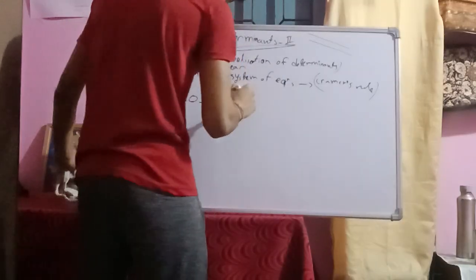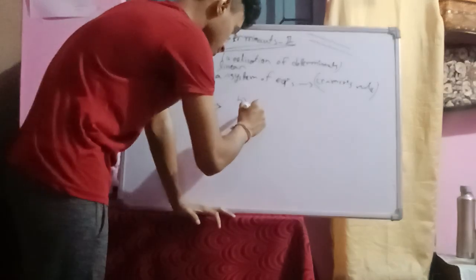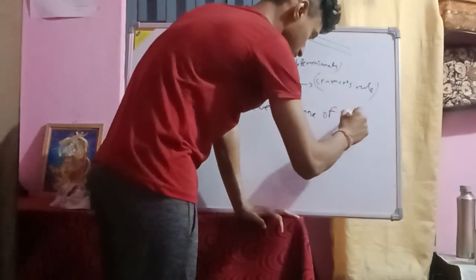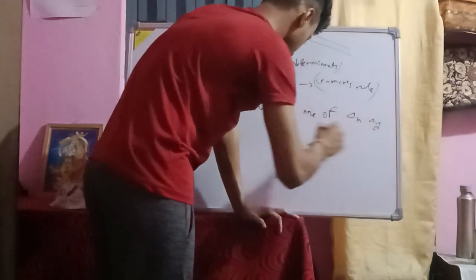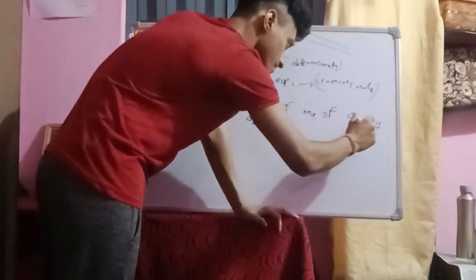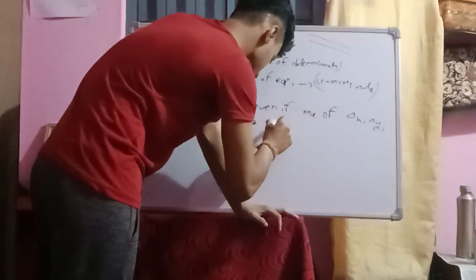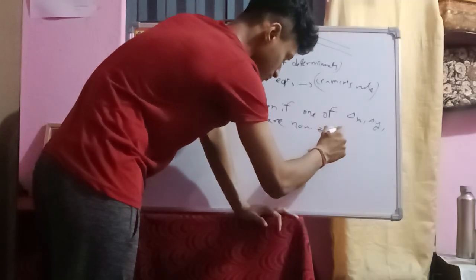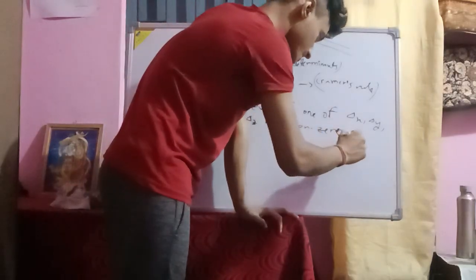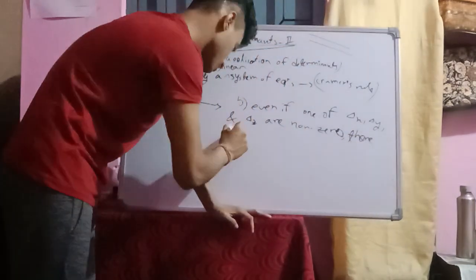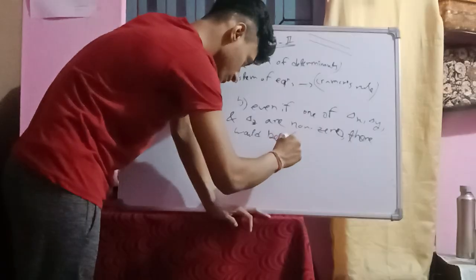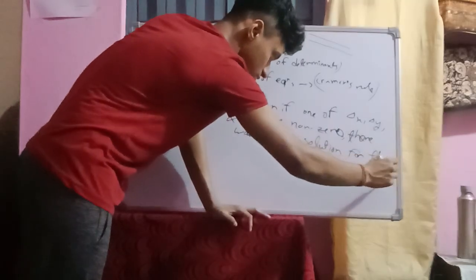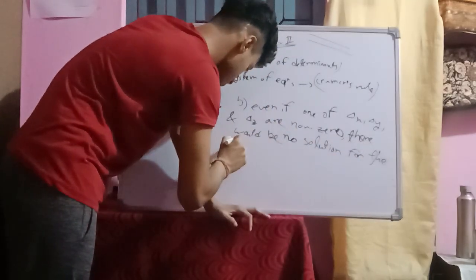The third scenario says that even if one of delta x, delta y and delta z is non-zero, there would be no solution for the variables.